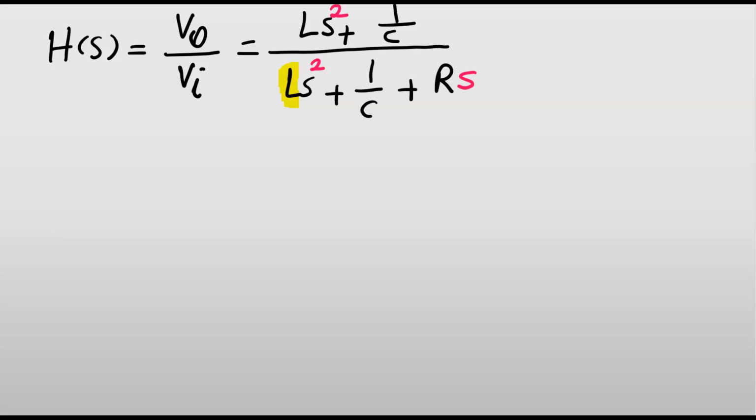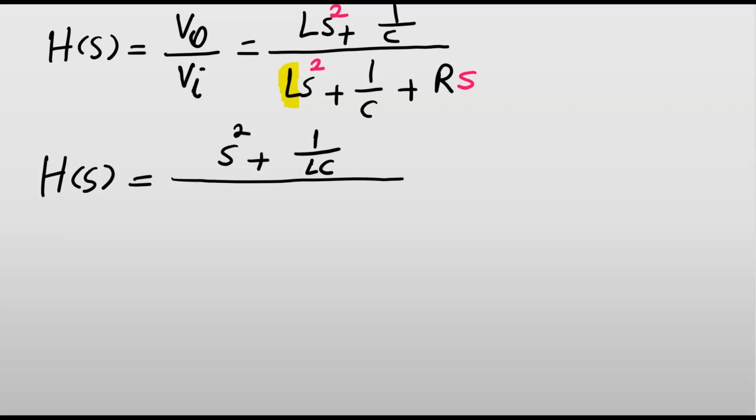So if I rewrite my H of s, after multiplying both numerator and denominator by 1 over L, I'm gonna have s squared plus 1 over LC over s squared plus R over L multiplied by s plus 1 over LC.